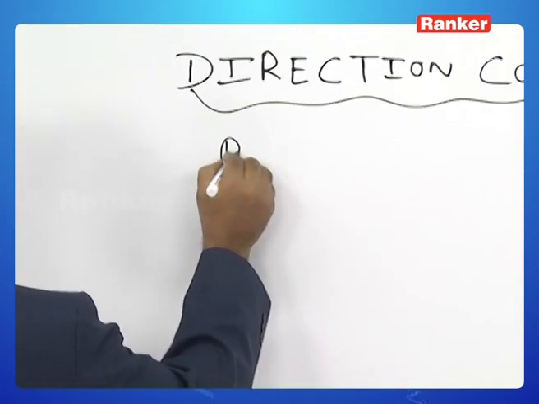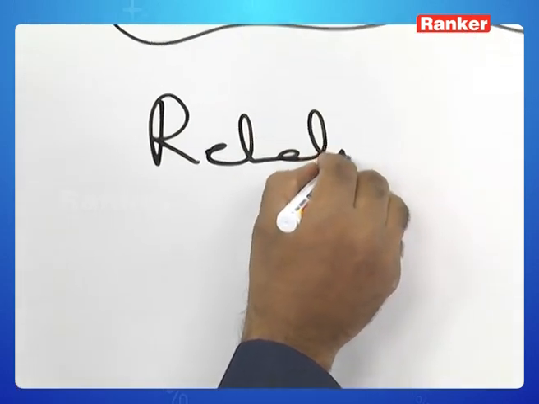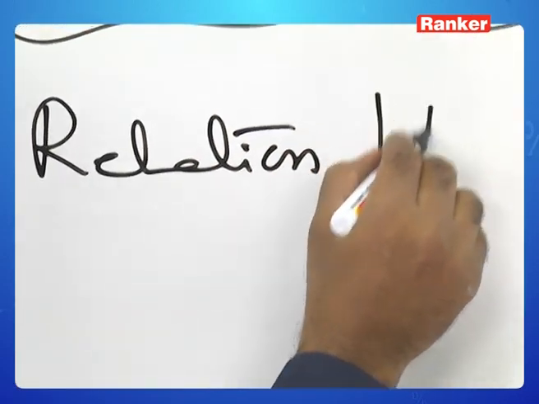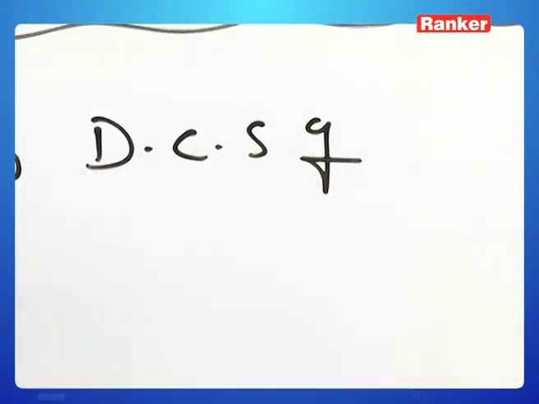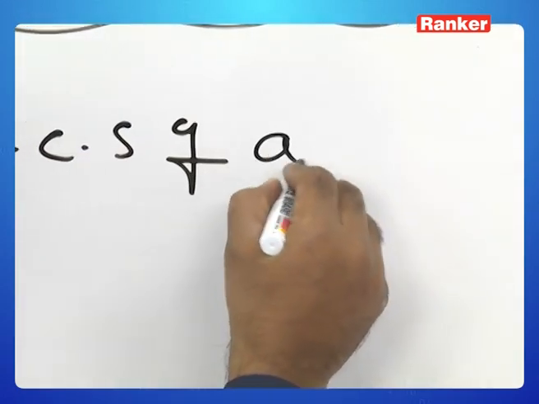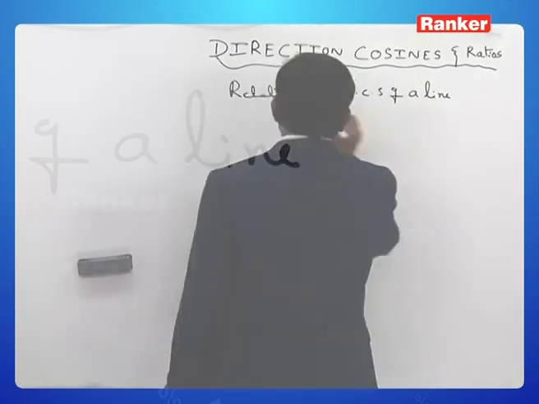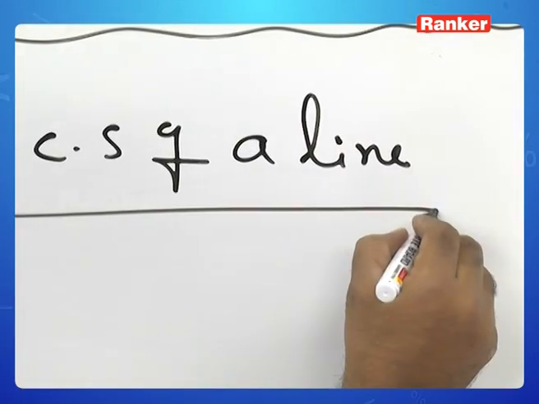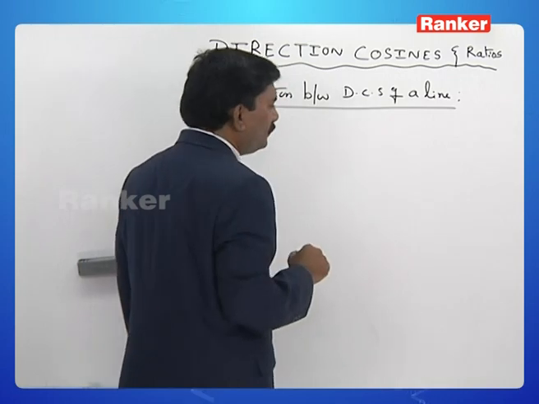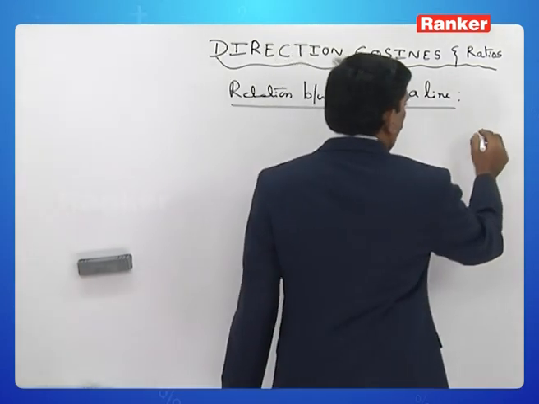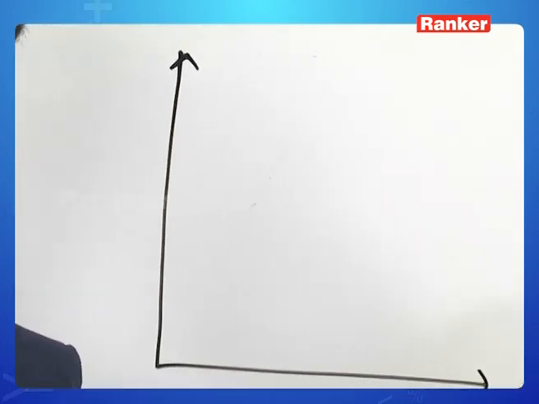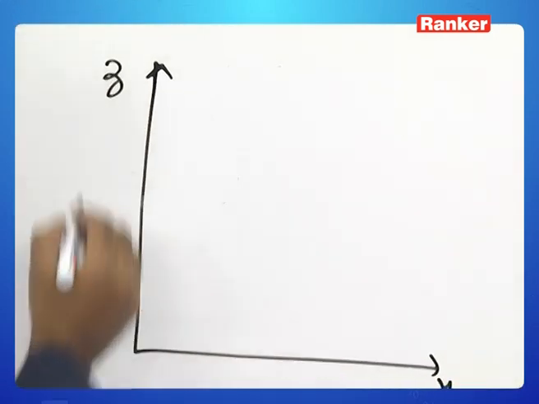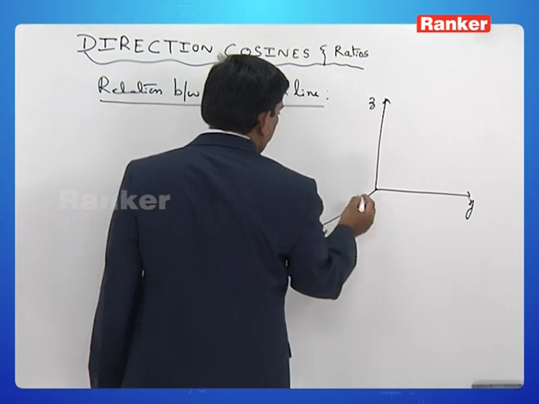Now, the relation between the DCs of a line. In the previous figure, we came across it already. This is the x, that is the y-axis, z-axis, x-axis.